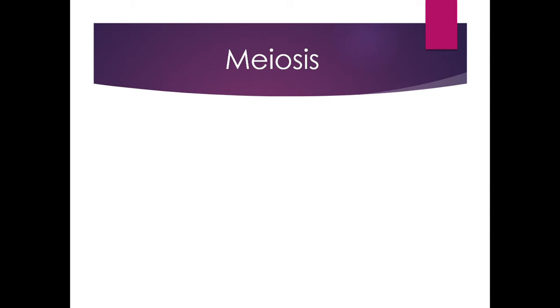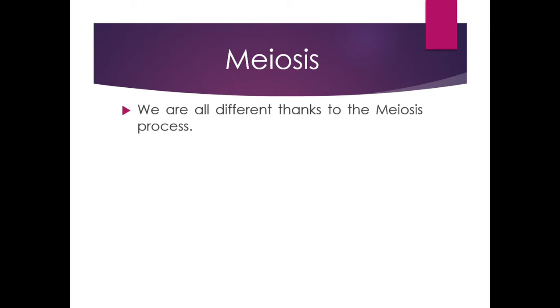So, just like I mentioned, we're going to be studying the process of meiosis today. This process is very similar to the process of mitosis, but there are some key aspects that you need to take into consideration. We are all different thanks to the meiosis process.